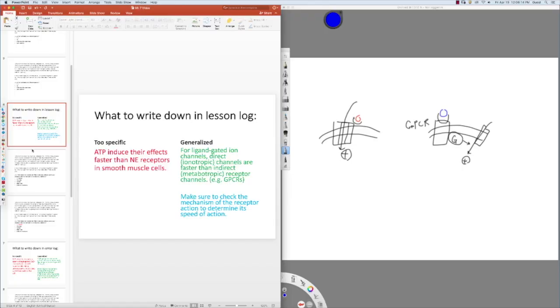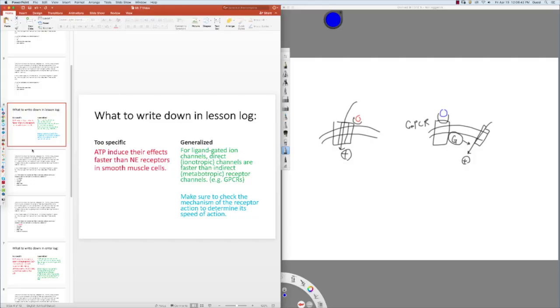So in the green, we have the content lesson, which is that ligand-gated ion channels, or so-called direct or ionotropic channels, are faster than indirect or metabotropic channels. The key example of indirect is GPCRs, because they have a G protein activation step and a secondary messenger cascade step before the cations can actually rush into the open channel.